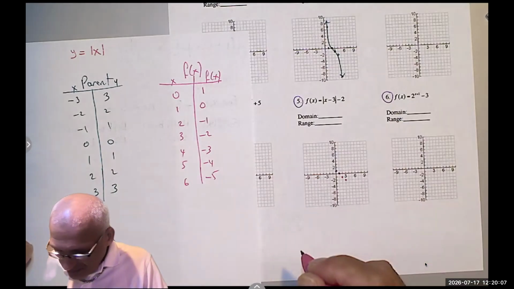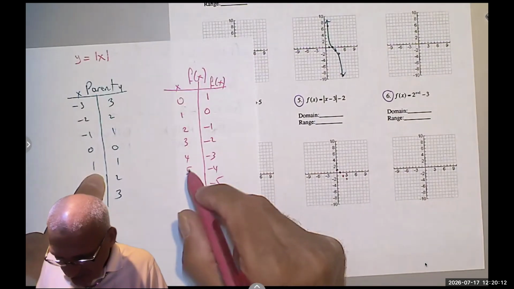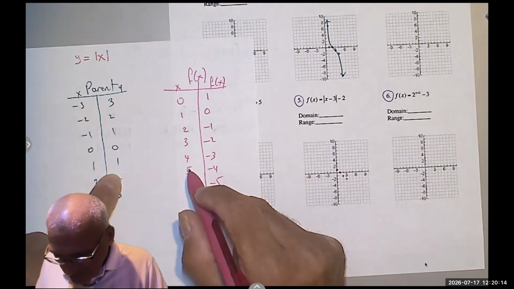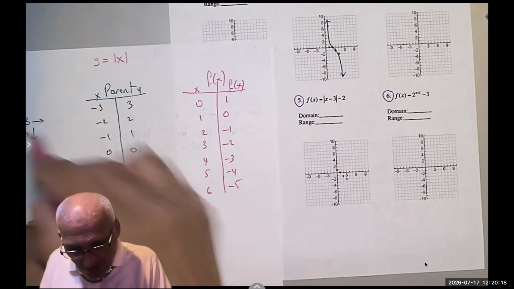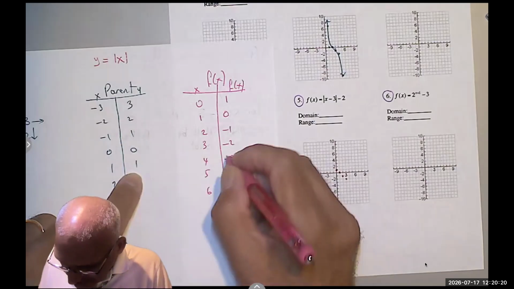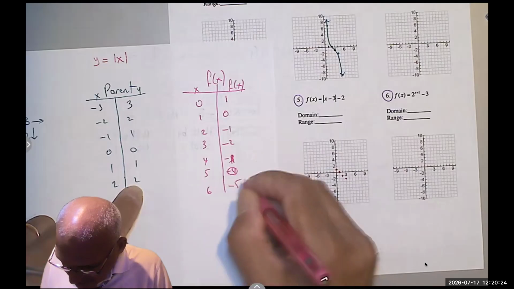Oh, I'm sorry. Here when we go to 1, we are subtracting 2. So that becomes -1, or becomes 0, and then +1.